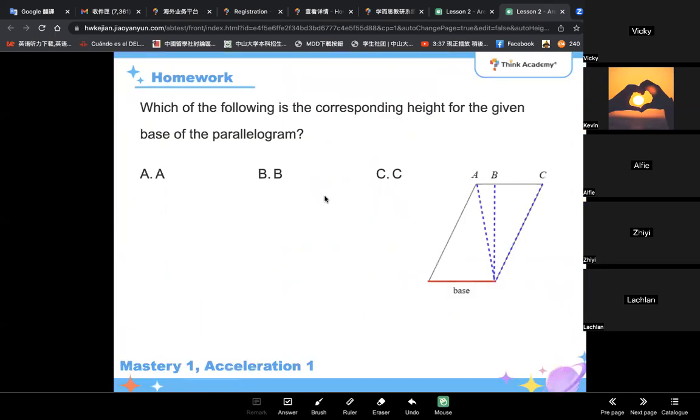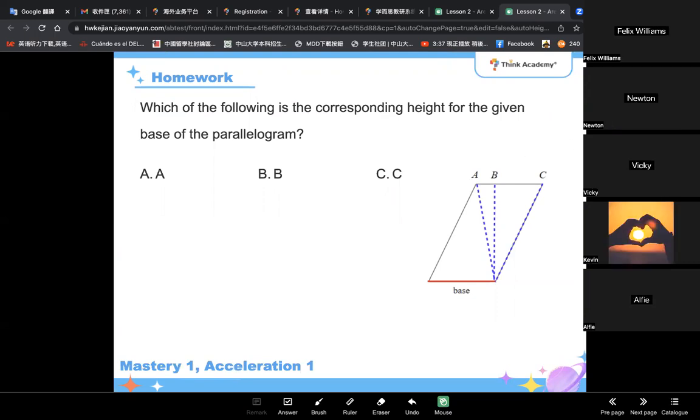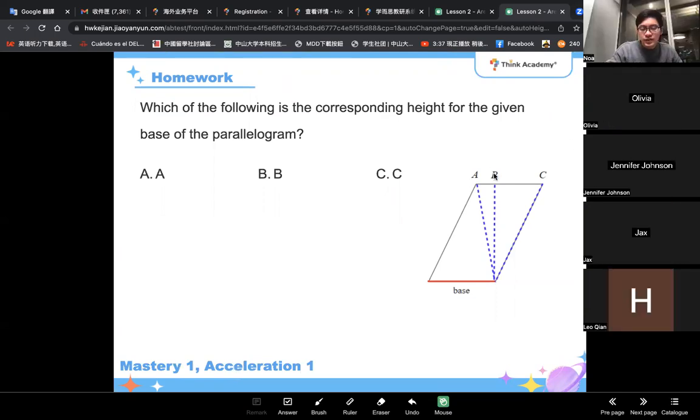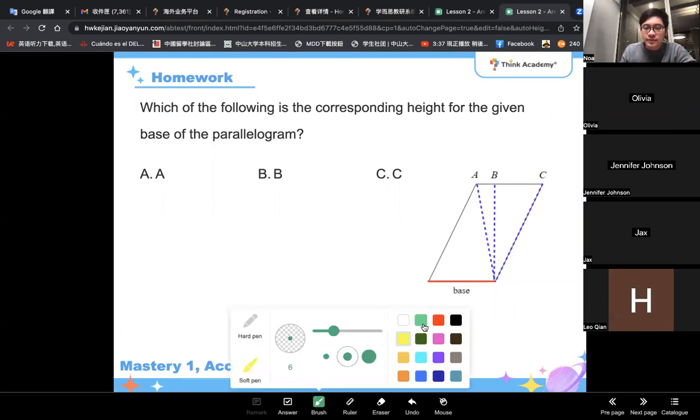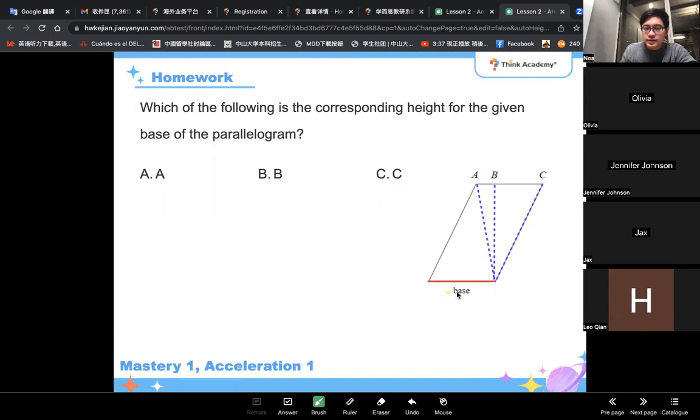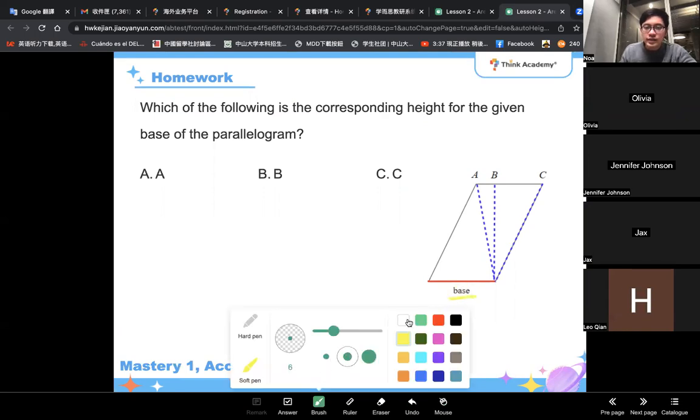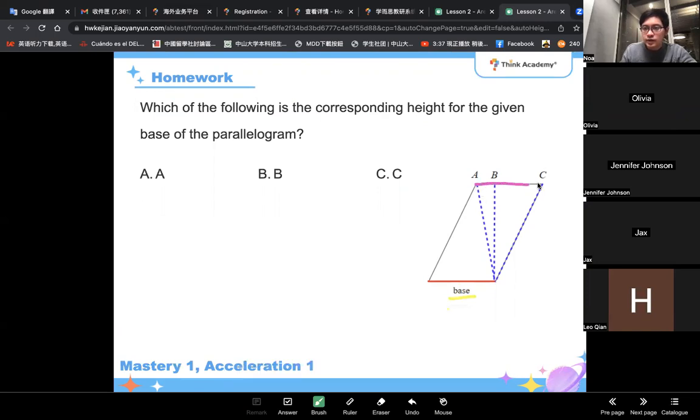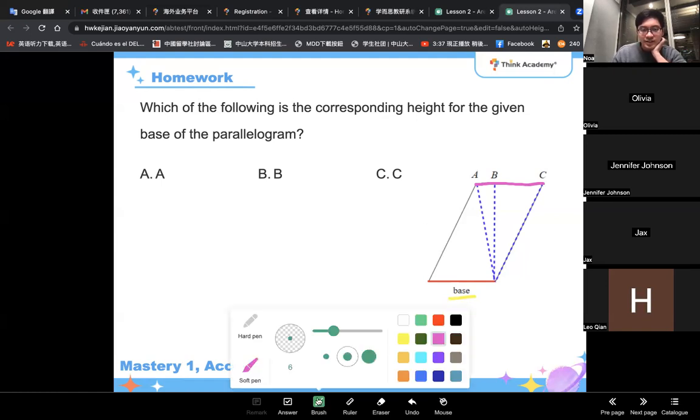So we've done this homework. And as I just said, what is the height? The height is the perpendicular distance between the base and the opposite side. This is the base. Where is the opposite parallel side? This is the opposite parallel side. You might say A, B, C are all distances between the base and the opposite side, but are they perpendicular? So we need to find out.